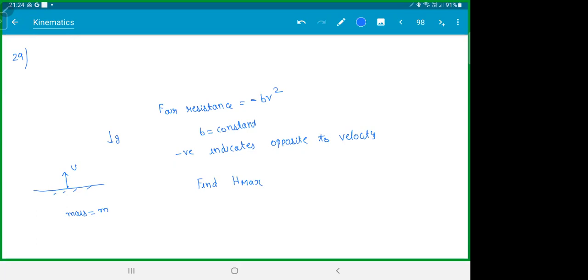So while going up, there are two forces, mg downward and air resistance bv square also downward. Try.